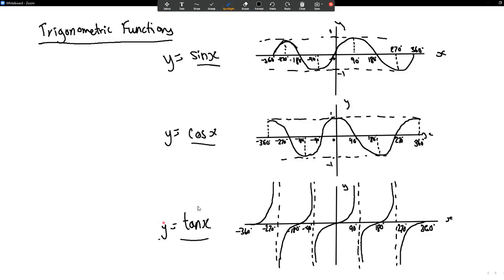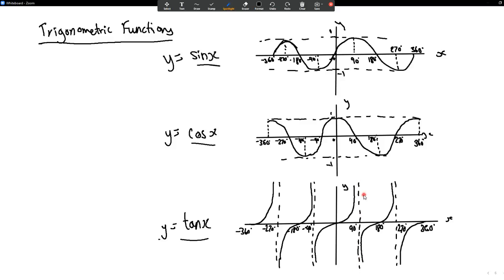Now tan x is a little bit different. This graph moves like this, going bigger and bigger, or smaller and smaller, as you go every 90 degrees. What these dashed lines represent are places where tan x basically goes to infinity, so these bits are not defined.